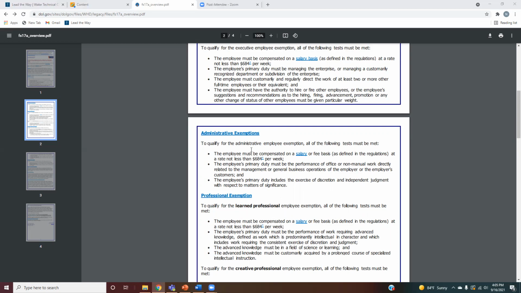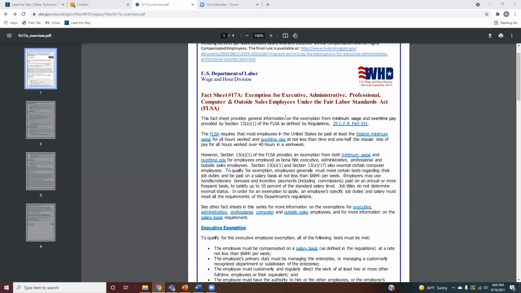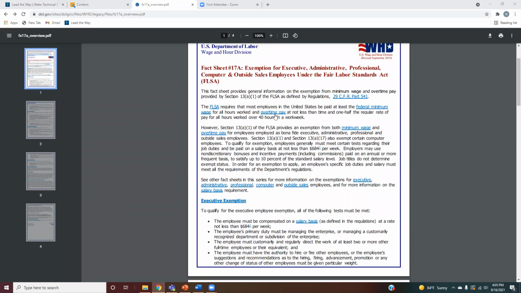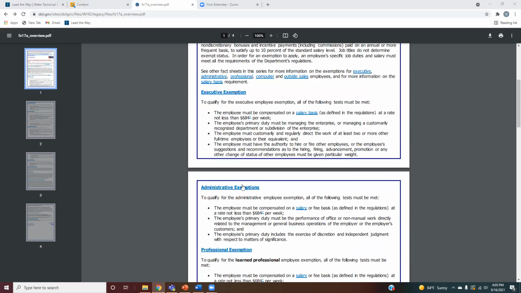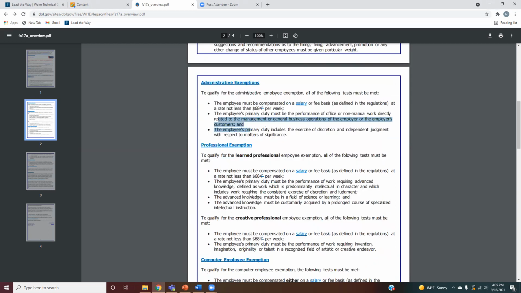So what you want to do is make sure that you pay everyone hourly unless they fall under one of these categories. And most of those positions fell under one of these categories, except the administrative assistant, because that administrative assistant did not have any discretion or any sort of management, general business operation role.